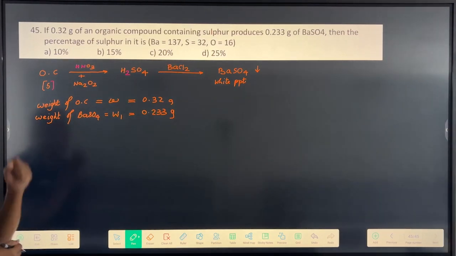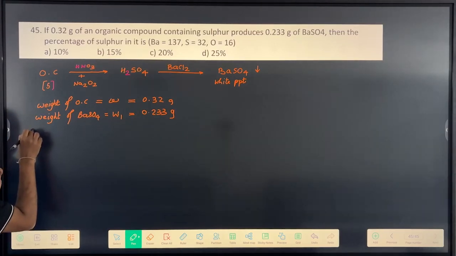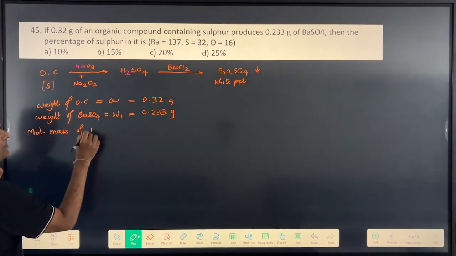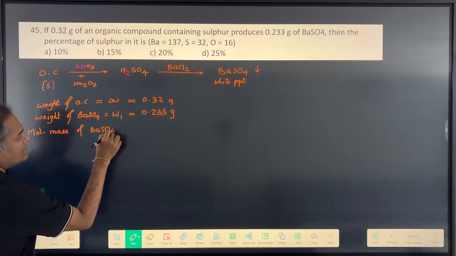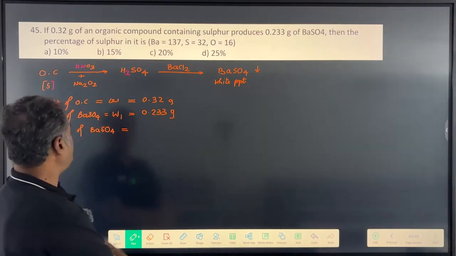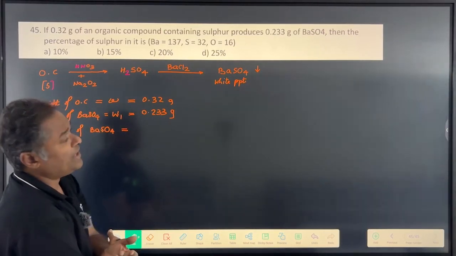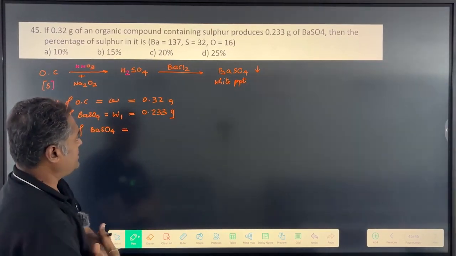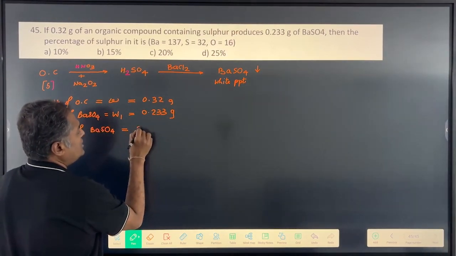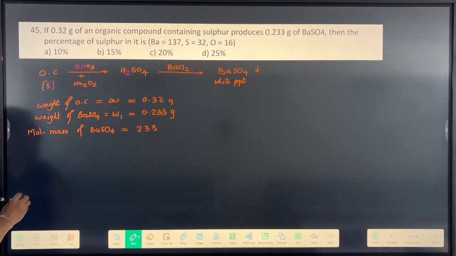Now, how do we calculate this? Listen over here, child. First of all, you need to find the molecular mass of barium sulfate, correct? You can calculate it from the masses of barium, sulfur and oxygen. After calculating, we get a total of 233 as the molecular mass of barium sulfate. Now, what is the calculation?